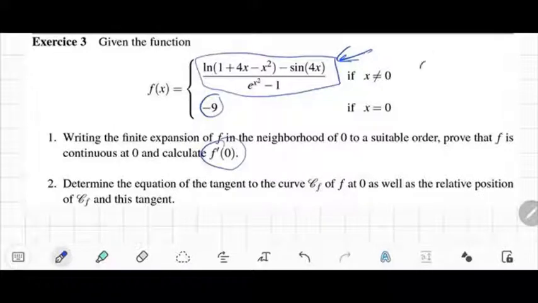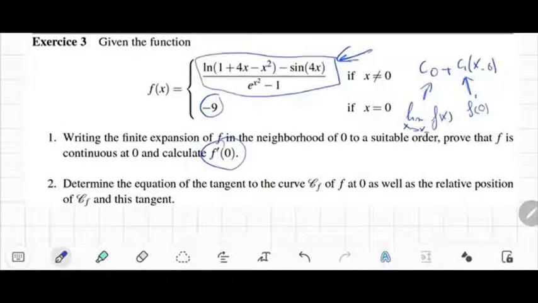So first we need the term of order 0 that will give us the limit of the function f of x when x tends to 0, and if it's again −9, then it's continuous at 0, and the term c1 times (x − 0), which will give us the derivative of f at the point 0.